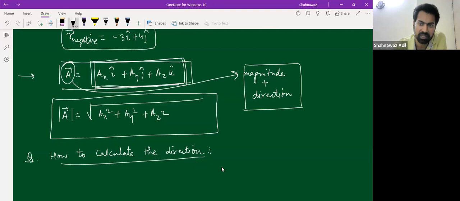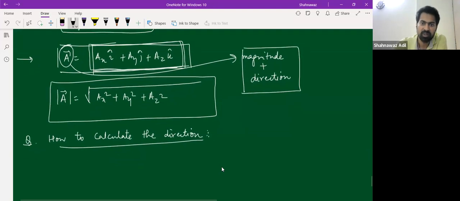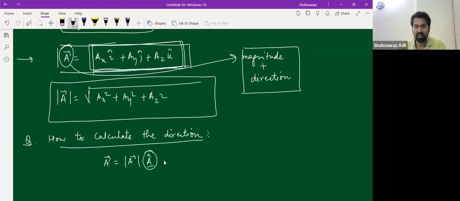So we can calculate the direction of the vector. The vector has two parts, right? This magnitude and this unit vector. This one represents the direction.